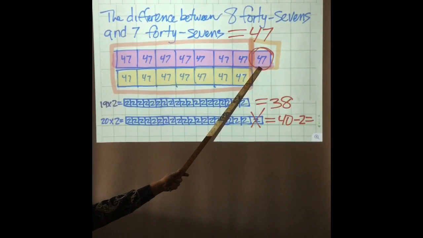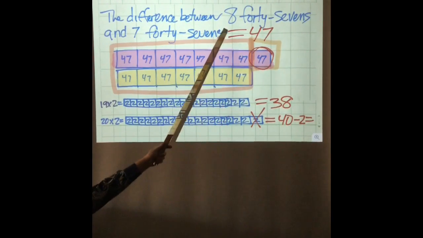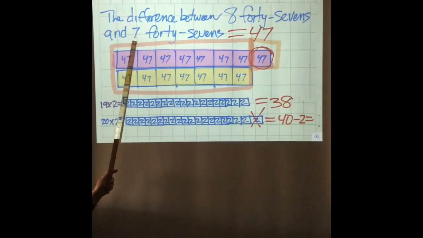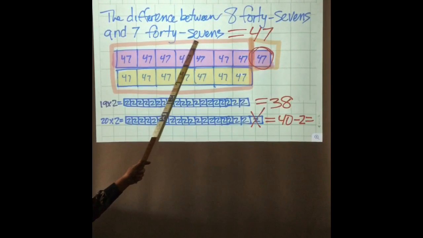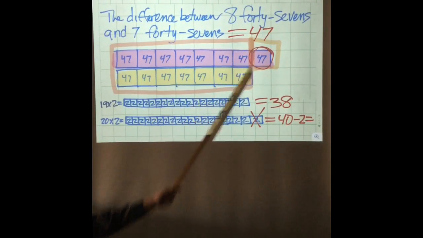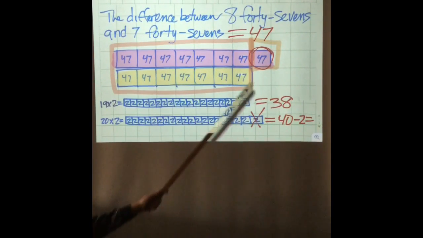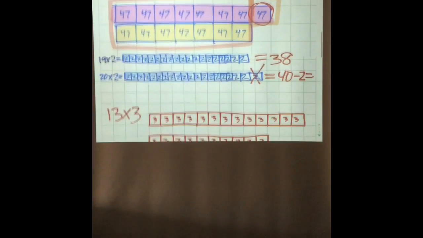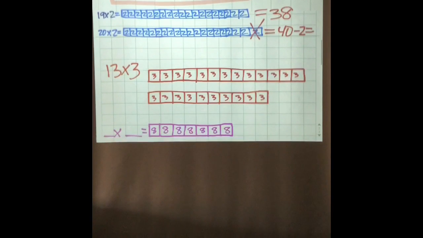So that's how we ended up getting the answer. 8 47s subtracting 7 47s equals 47. Because that's the only difference. That's subtraction, difference. Now going back to our problem that we had earlier, we had this problem.